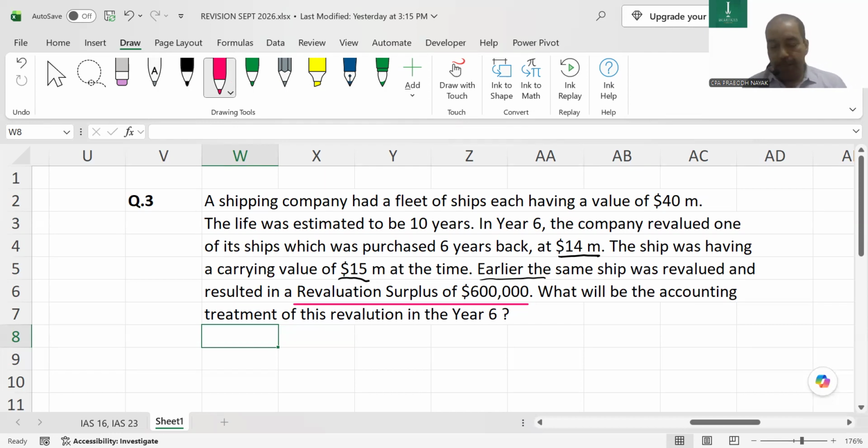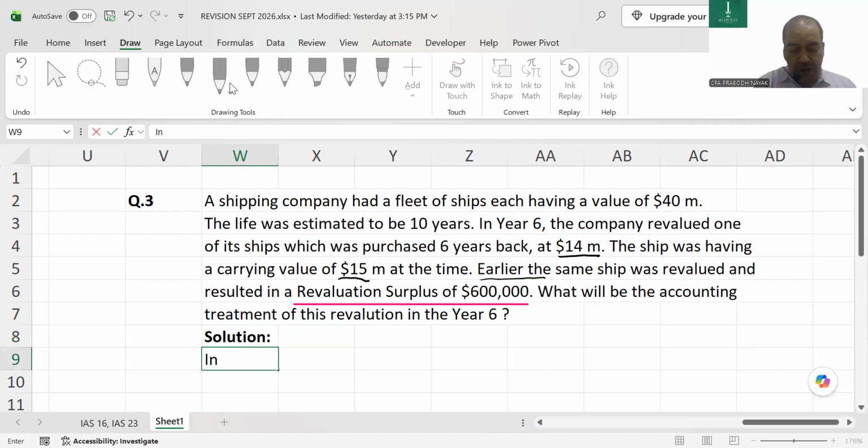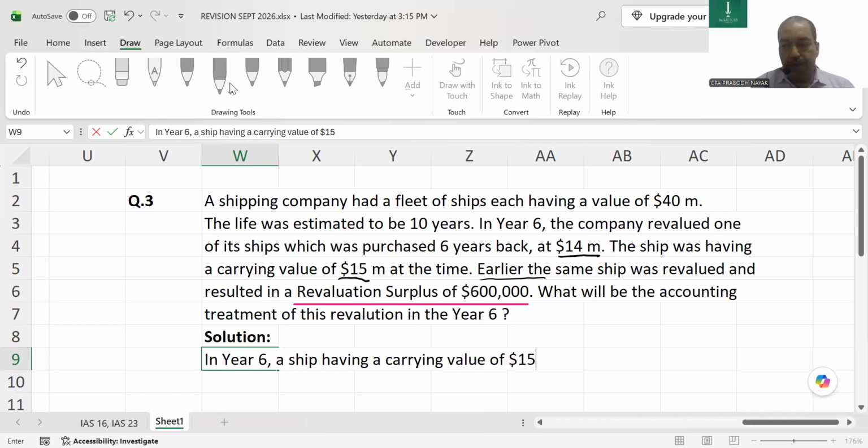So write down solution. In year 6, a ship having a carrying value of $15 million is revalued to $14 million.